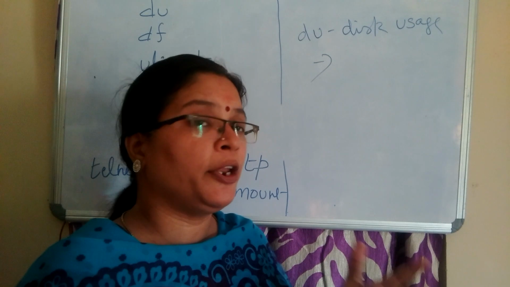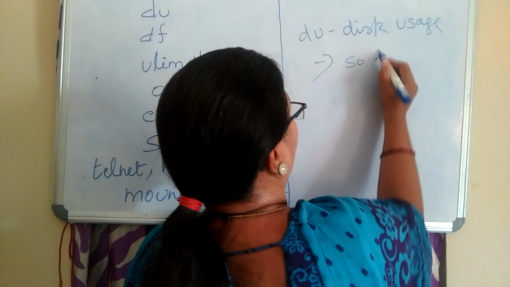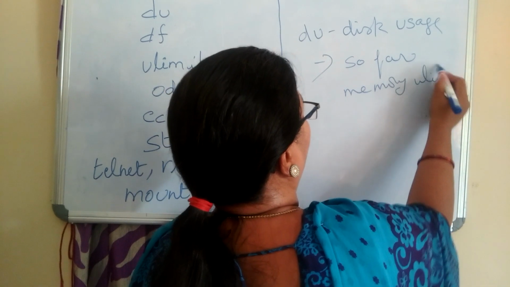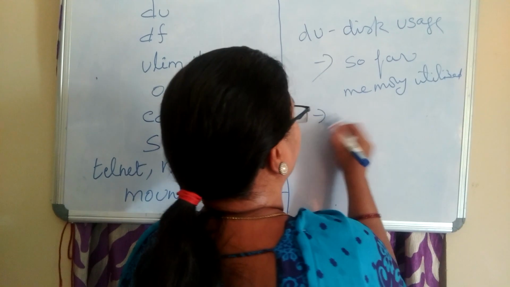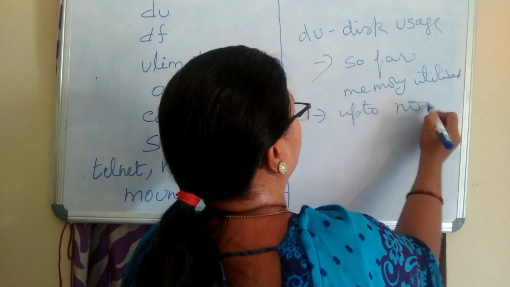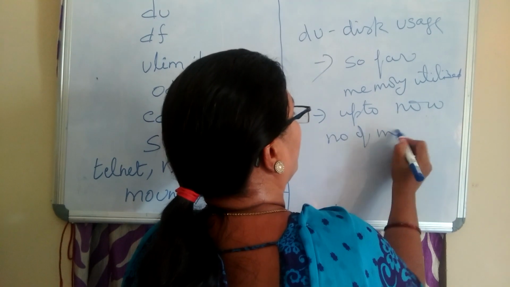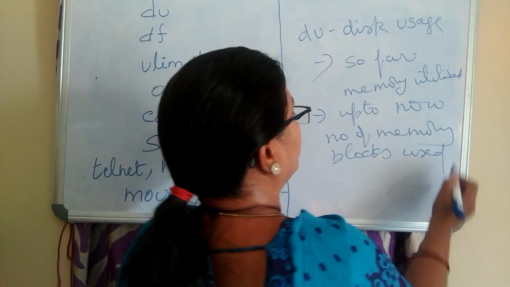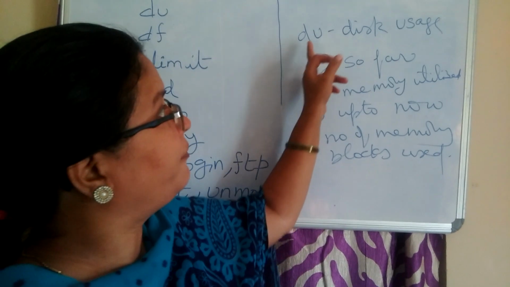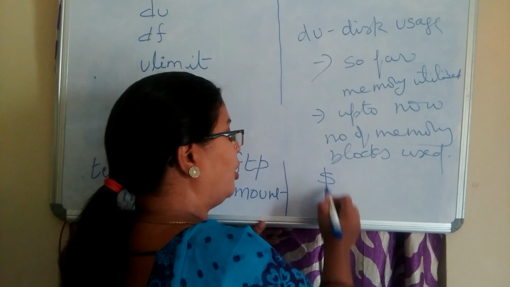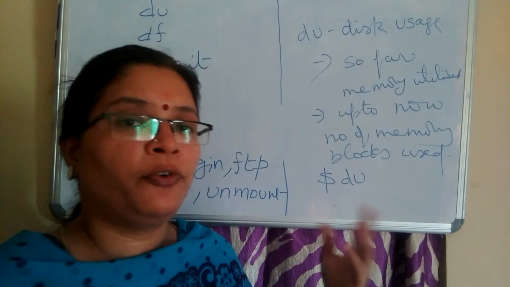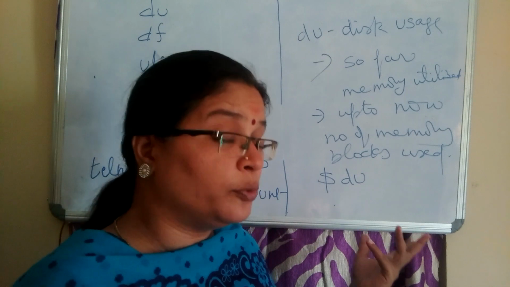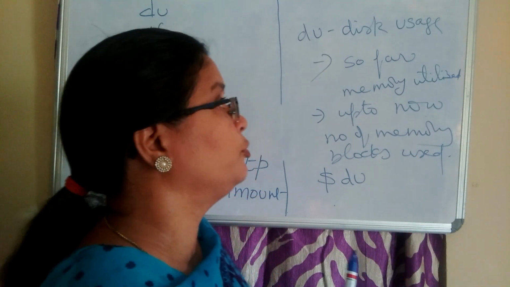Up to now, what is the memory utilized, the number of memory blocks used? This kind of information is displayed with the help of the du command. Simply at the dollar prompt you give du. The information will be displayed at the dollar prompt: what kind of memory is used and how much memory is used.